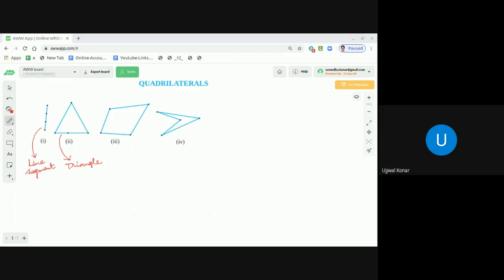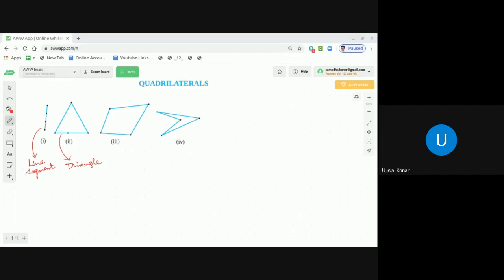So, dear students, you see diagram 3 and diagram 4. We are interested in discussing diagram 3, not diagram 4. In diagram 4 there are also 4 points that we are joining, but we are interested in diagram 3.